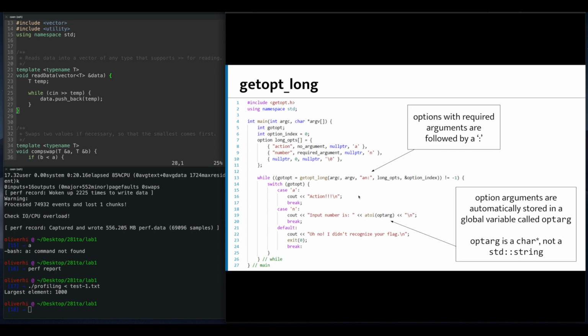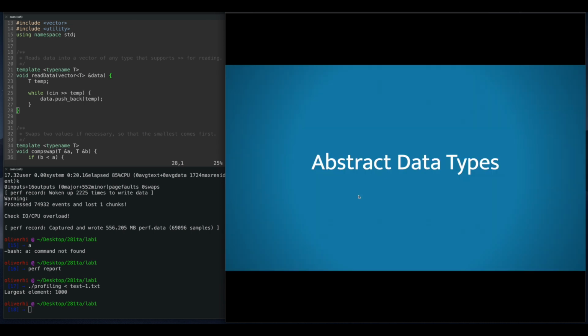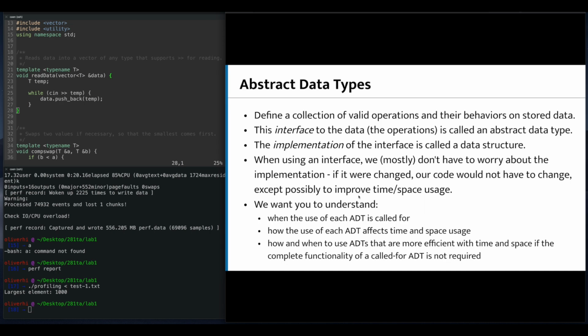Okay, moving on. Abstract data types. They are collections of operations and their behaviors on whatever data you're interested in. That's an abstract data type. It's an interface to the data, and the implementation is usually what we call a data structure.